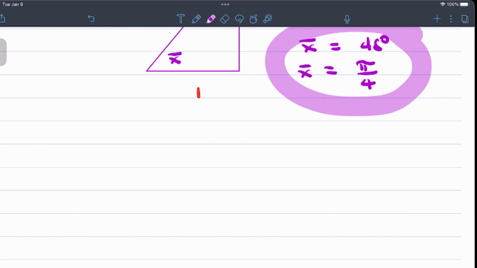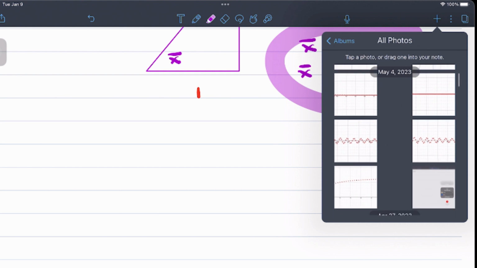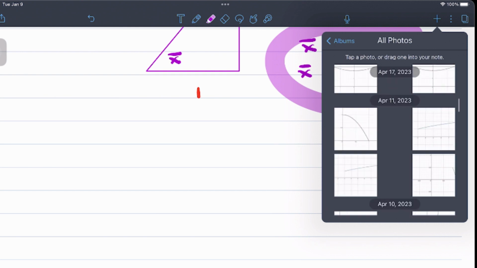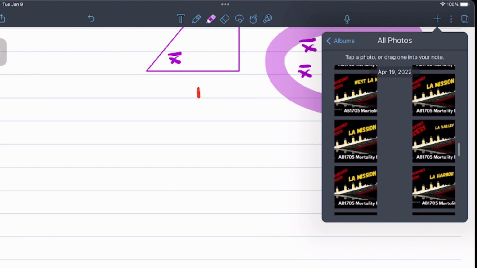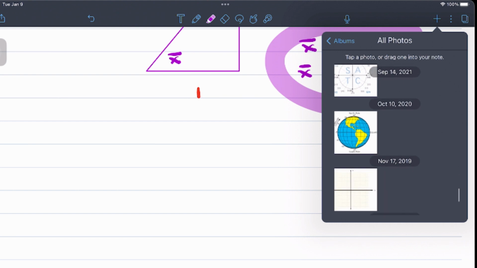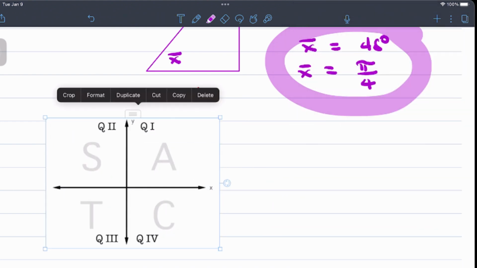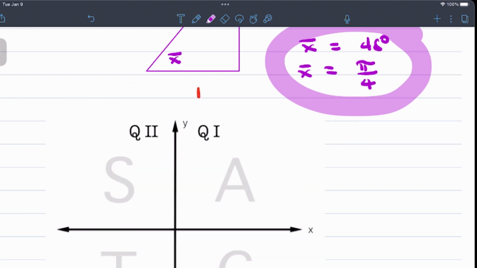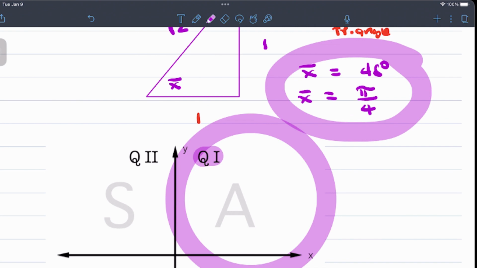Now, ladies and gentlemen, let's bring this in here. All students take calculus. Now, notice this here. I want you guys to go back. We're going to see something very interesting here. Right? Because remember what I'm saying here. All of this reference is quadrant 1 in purple. This is what you just found.